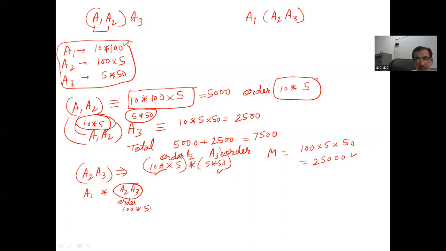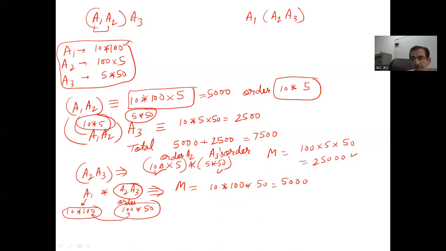100 into 50. A1 is of order 10 into 100. Of course, multiplication is compatible. So these two multiplications will mean the total multiplication steps will be 10 into 100, this 100 is the same. So number of steps 10 into 100 into 50, that becomes 50,000.